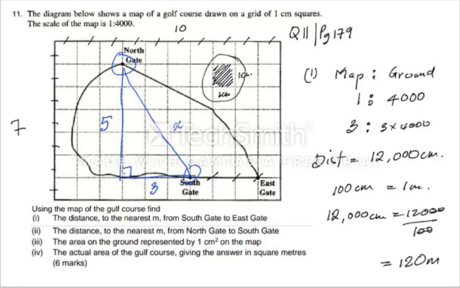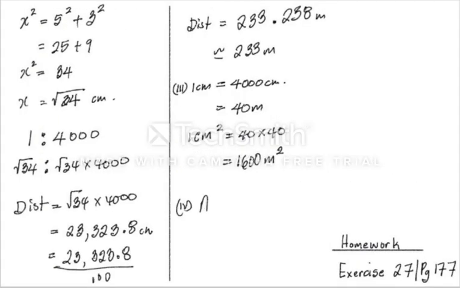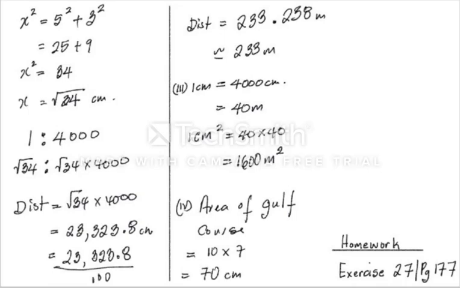Over here is 7. So the area of a golf course is actually equal to 10 by 7, which is 70 centimeters square. So that is the area on the map that represents the entire golf course.